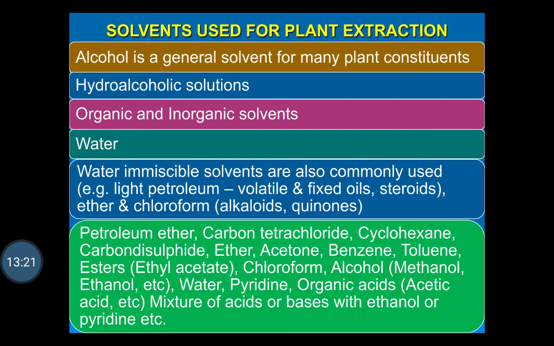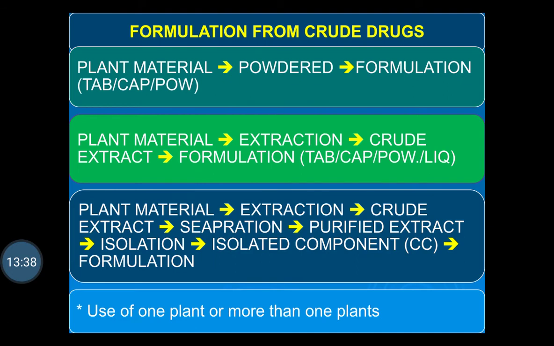So all these factors have to be considered before choosing the solvent for the extraction, and other factors are also considered. So depending upon the phytoconstituent, you have to choose the solvent for the extraction.